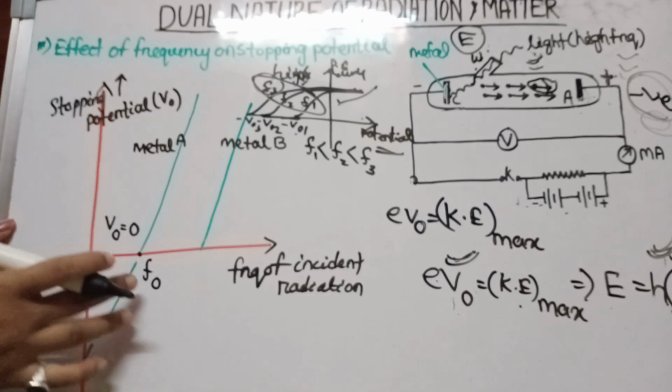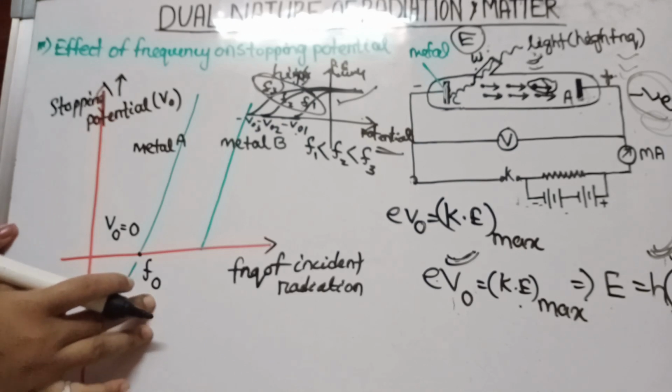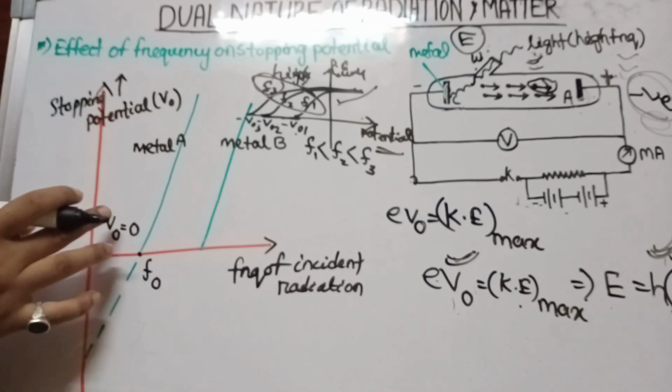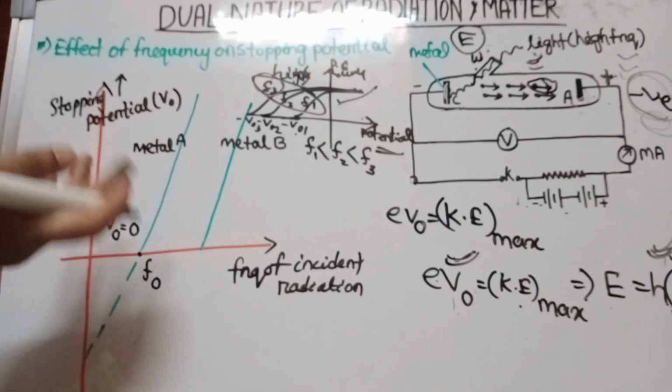It means at the threshold frequency, no photoelectric current is produced. That means the photoelectric current is 0.